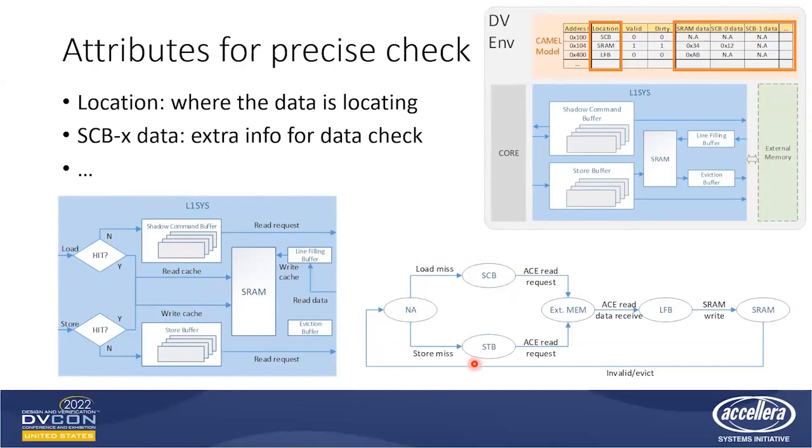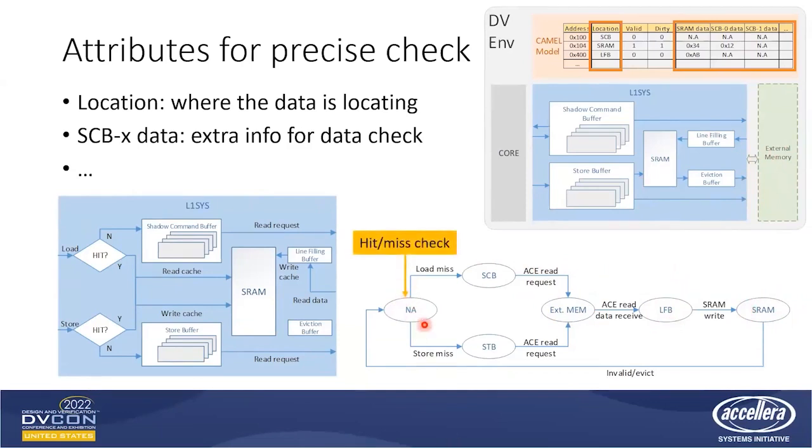And if it is a store miss, the location will change to store buffer. And then if we see the read request at the interface between L1 and external memory, we will change the location to external memory. And after the data is sent back from external memory, the location will change to line filling buffer and SRAM along the cache update process.